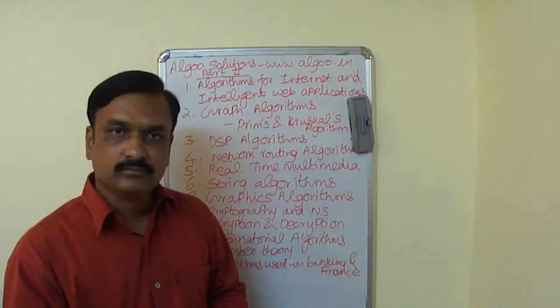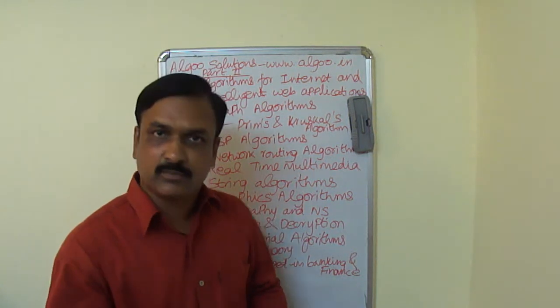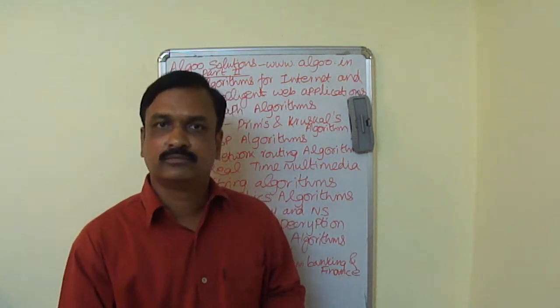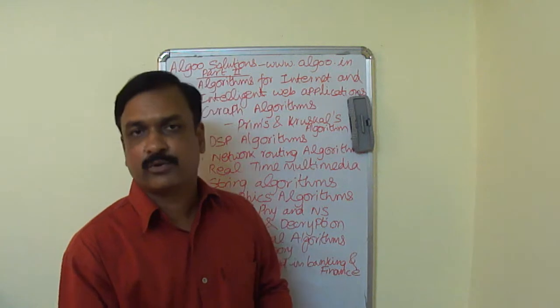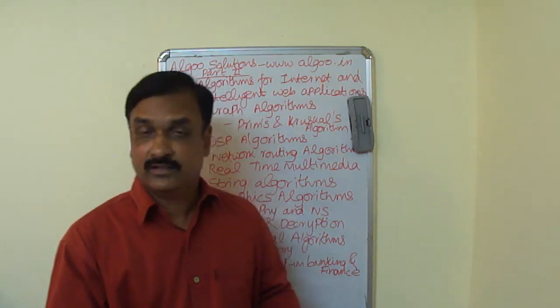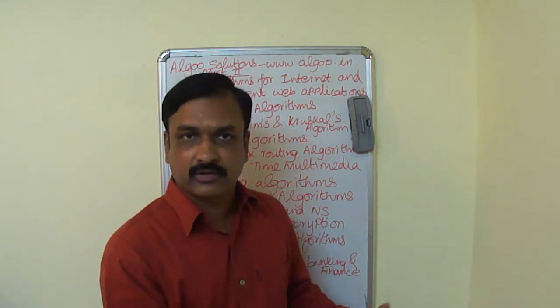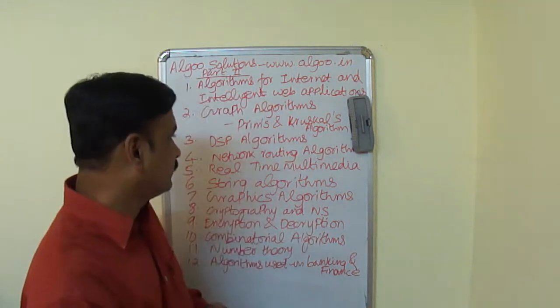So in DSP you will have voice and speech compression algorithms. You can have image compression algorithms. And then the FFT algorithm, the most popular one, which can be implemented in hardware or in software.